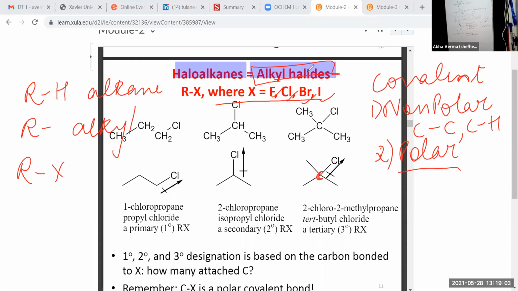What does polar covalent bond mean? There is a certain electronegativity difference. For example, this carbon and this chlorine. Chlorine is very electronegative as compared to carbon. So we draw the dipole, the arrow towards the electron attractor and the plus towards the electron loser. Any questions on why do we draw dipoles like this?